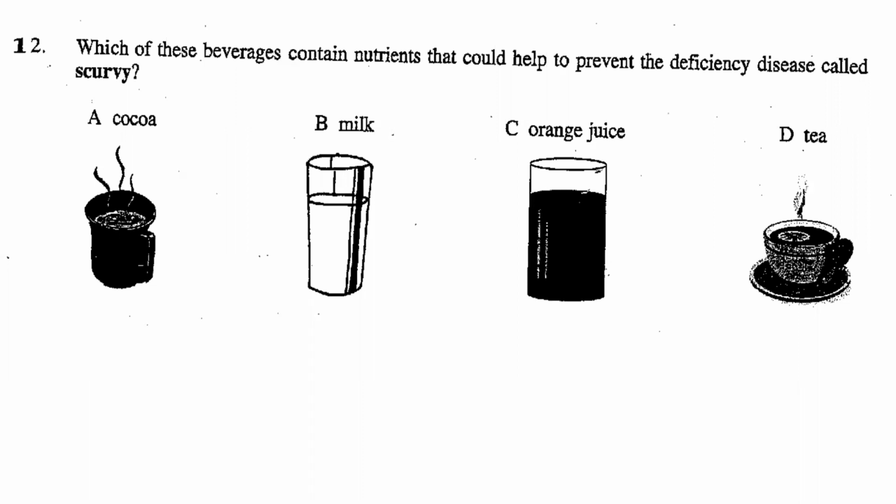Okay, good. So which one could help to prevent scurvy? What do you think? C, the orange juice. Do we agree with her? Yes, sir. Yes, it is C. Why can C prevent scurvy?